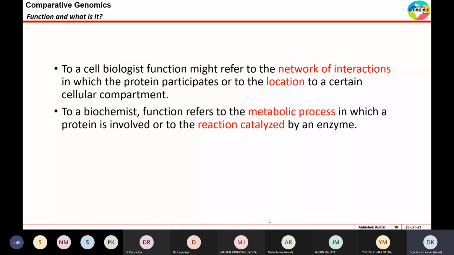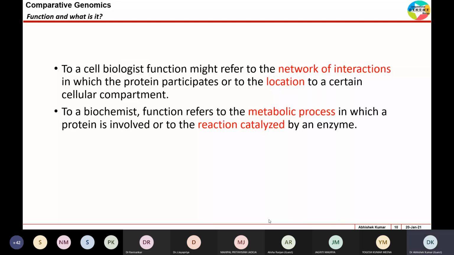It is working in the nucleus, in the cytoplasm, in the endoplasmic reticulum, Golgi. Where is it working? All this you want to understand, and there a lot of hints you want to get about function from the genomic study and comparative genomic study.